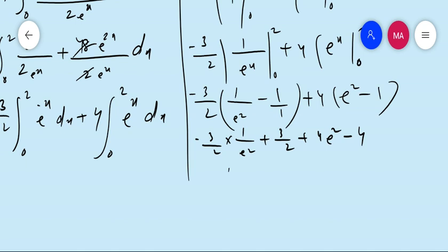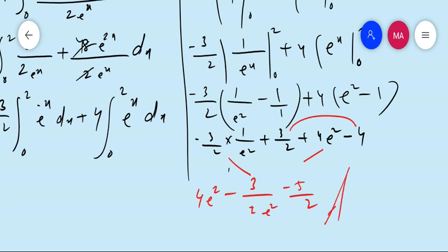So 4e square, this one, minus 3 upon 2 e square, this one, 3 upon 2 minus 4, 2 4s are 8, 8 minus 3 is minus 5 upon 2. So 4e square minus 3 upon 2 e square minus 5 upon 2 is our answer.